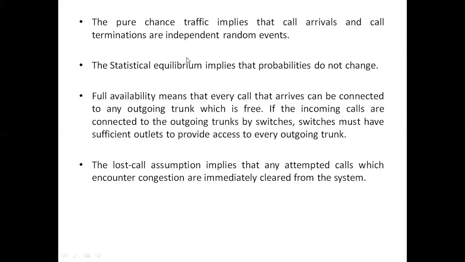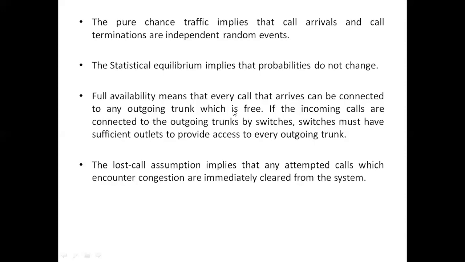And the second assumption, which is statistical equilibrium, implies that probabilities do not change, even when a call enters the system or a call leaves the system, it doesn't affect the probability. This is called the statistical equilibrium. And full availability means that every call that arrives can be connected to any outgoing trunk which is free.